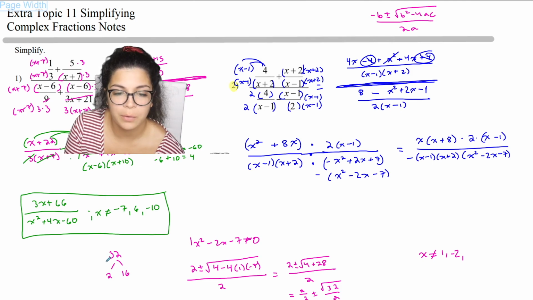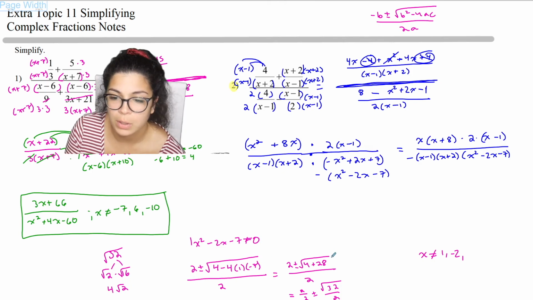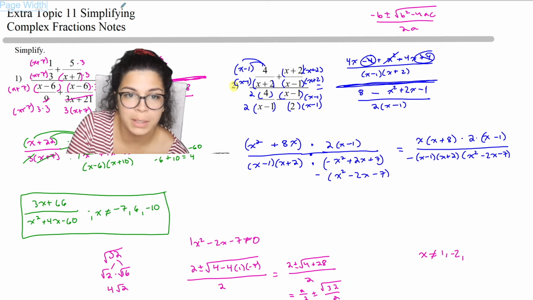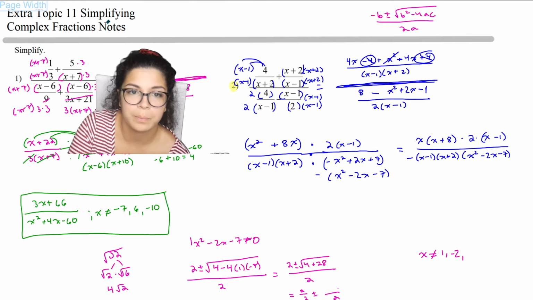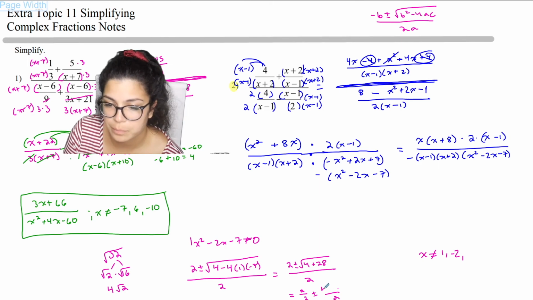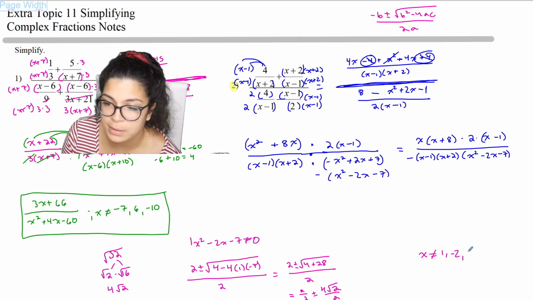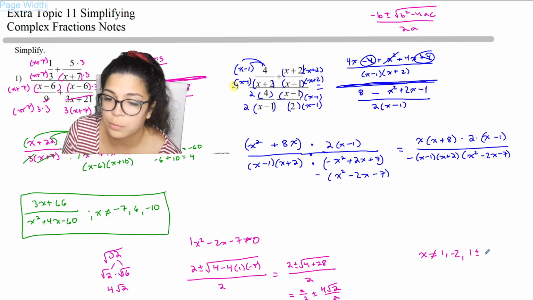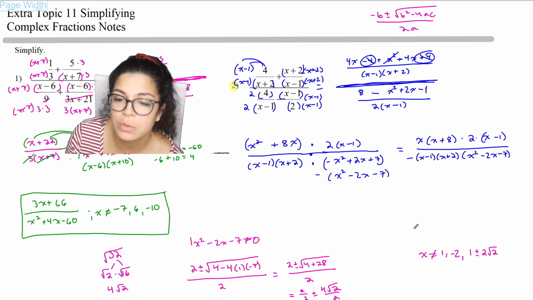Of course the square root of 16 is just 4, so the square root of 32 simplifies to 4 times the square root of 2. Now, 2 over 2 is obviously 1, and then 4 divided by 2 is 2, so we end up with 1 plus or minus 2 square root of 2.